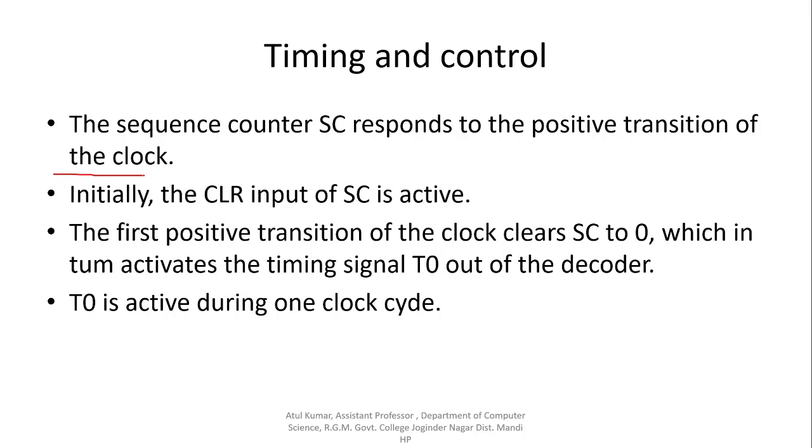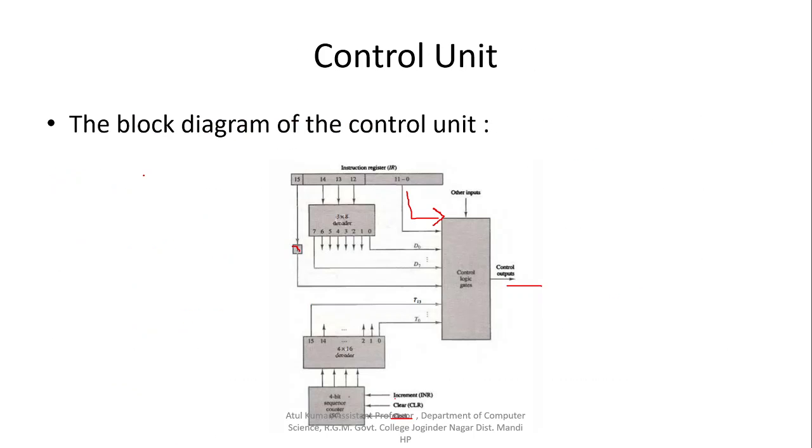The first positive transition of the clock clears SC to 0. Firstly the sequence counter is cleared to 0, which in turn activates the timing signal T0 out of the decoder. So during the first positive transition, the sequence counter produces 0 and the timing signal T0 is activated.